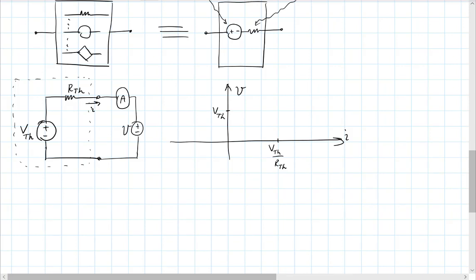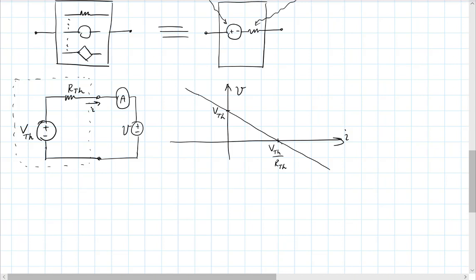And this is a linear relationship. You can try this for other points. You can try it for any value of I and calculate V, and you will see that you will fall somewhere on this line.